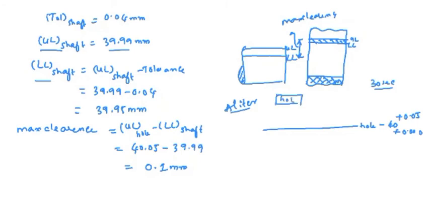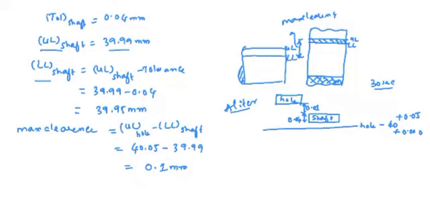To have a clearance fit, the size of the shaft must be less than the size of the hole, so let us assume this is the representation for a shaft. Minimum clearance occurs between lower limit of the hole and upper limit of the shaft. You are given a minimum clearance of 0.01, and the tolerance of the shaft as 0.04 mm. You need to find the maximum clearance as per the question.